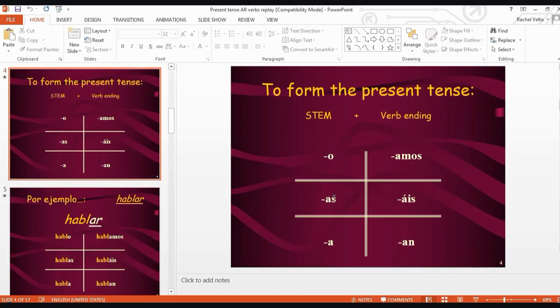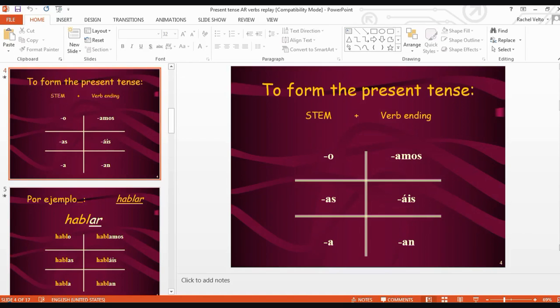The tú form, after removing the AR, will have an AS added to the end. Él, ella, and usted, you remove the AR and just slide an A back in place. The nosotros form, the we form, you'll remove the AR and add AMOS, amos. The vosotros form gets an AIS with an accent, notice. And then finally the ellos, ustedes form will get an AN on the ending.